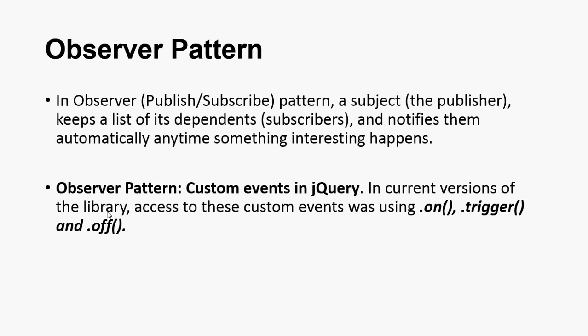So jQuery actually comes with built-in support for a publish subscribe like system, which equals custom events. In the current version of this library, access to these custom events is through the on, trigger, and off functions.